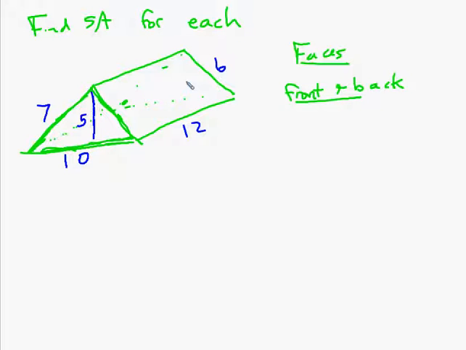The front and the back are what shape? Triangle. And we should know what formula we use. Base times height divided by 2. Okay? And what's the base of my triangle? 10. And what's the height of my triangle? 5. Divided by 2. And I get 25. But I have 2 of them.